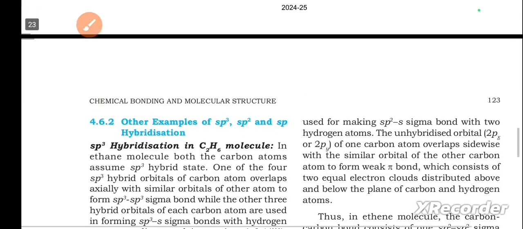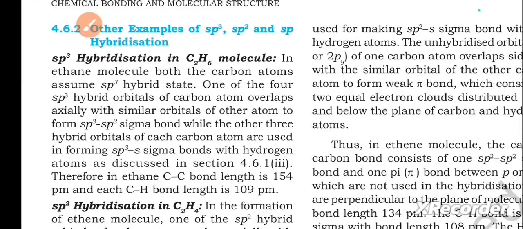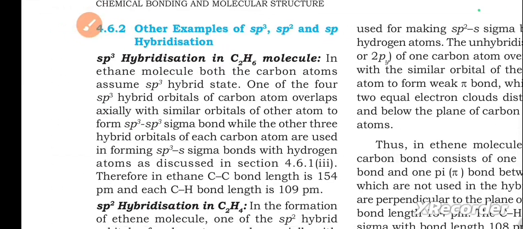Next, other examples of sp3, sp2 and sp hybridization. sp3 hybridization in the C2H6 molecule. In the ethane molecule, both the carbon atoms assume sp3 hybrid state.